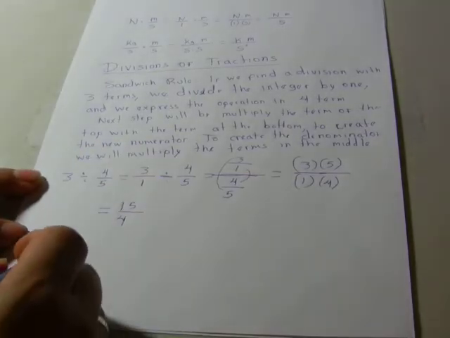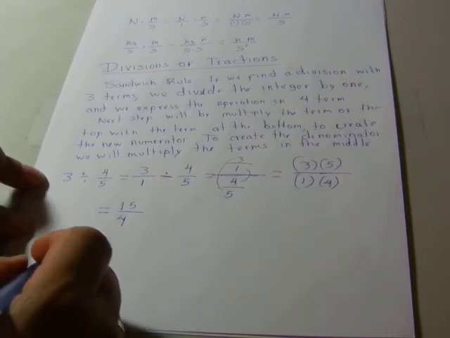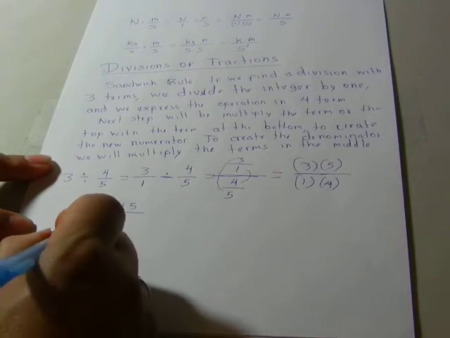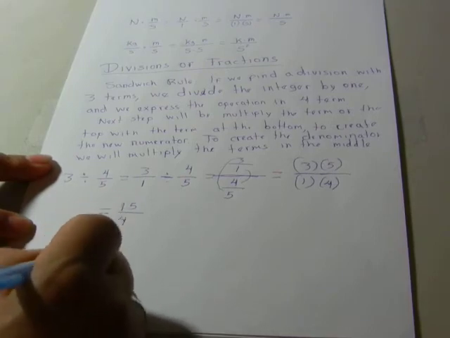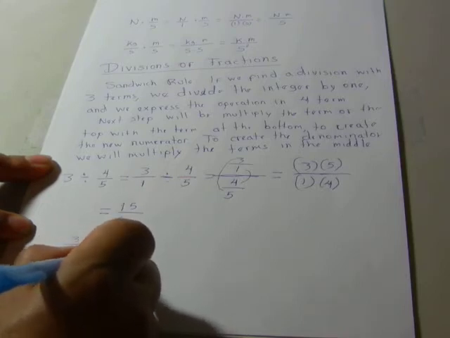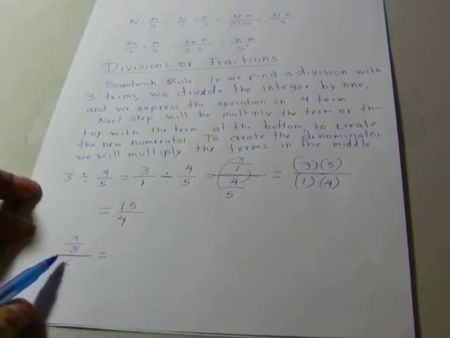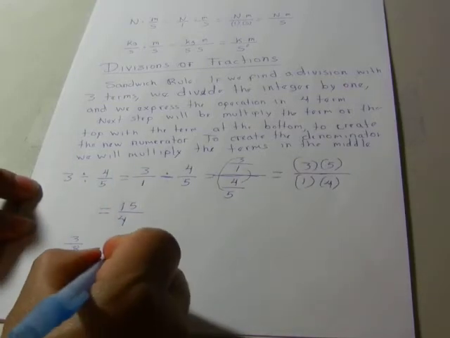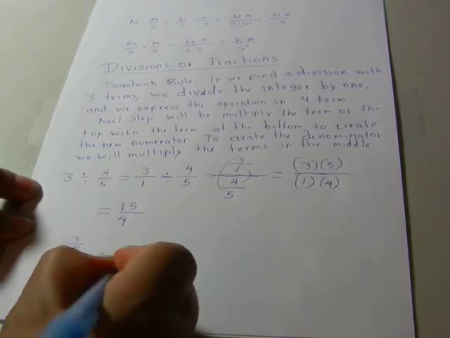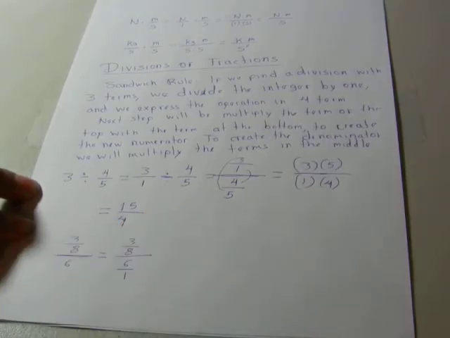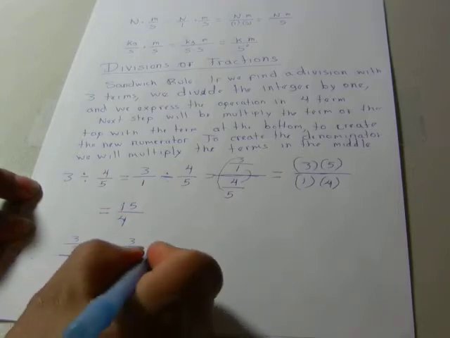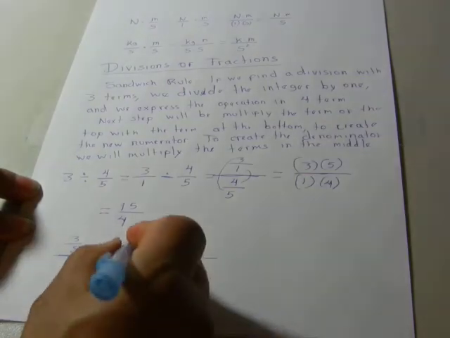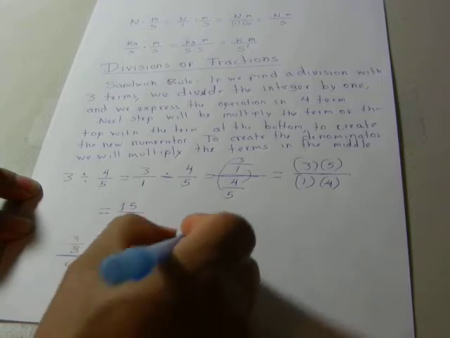Another example that we can find is, let's try, 3/8 over 6. We have to identify the main division. We have a fraction divided by an integer. Integers, remember, are divided by 1. And then we can apply the sandwich rule. The sandwich rule says multiply the tops times the bottom to create the new numerator: 3 times 1.